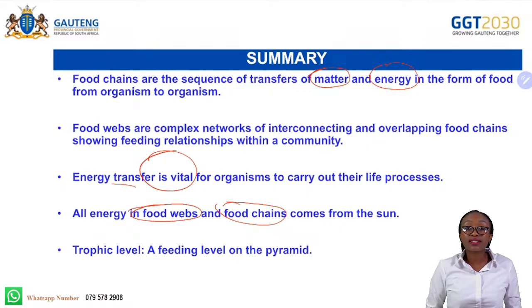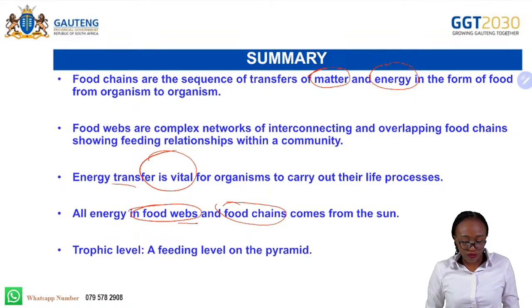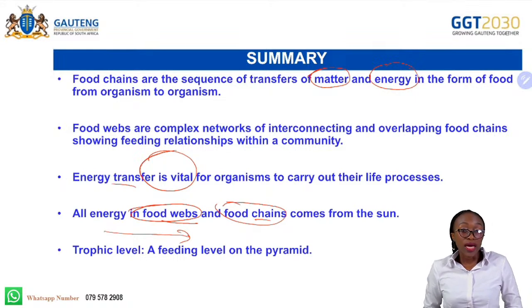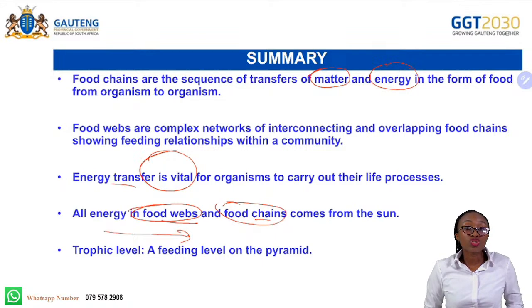The sun is our ultimate source of energy, and those arrows in food webs and food chains always point towards where the energy is being transferred to.